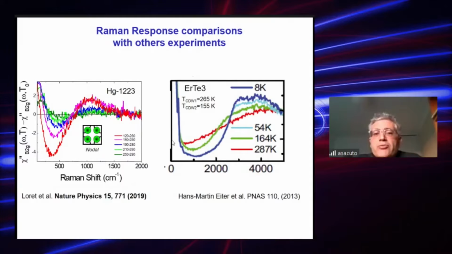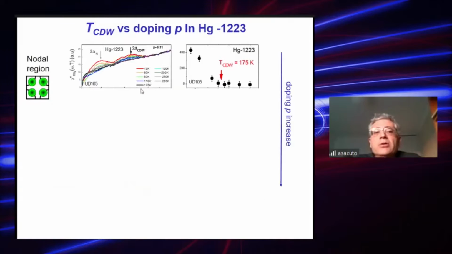The second reason is looking at the transition temperature of the charge density wave. We can define the transition temperature by measuring the integrated area of the hump and looking at its collapse. When this integrated area collapses, we can define the transition temperature of the charge density wave.